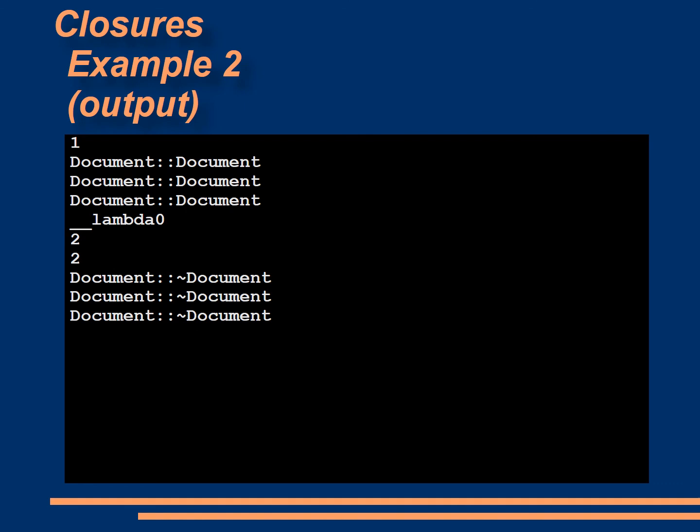We have the lambda being printed out, followed by the number 2, which is the temporary variable being incremented once, followed by another number 2 that is our constant being printed out, followed by the document destructor being called 3 times.